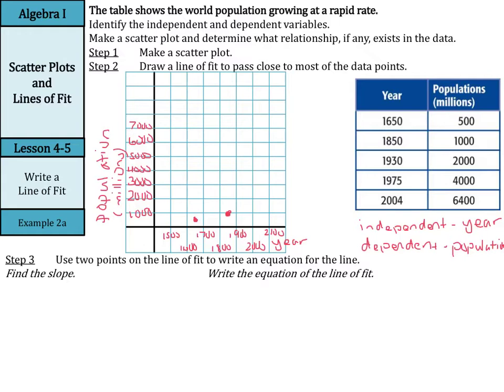So that's going to be right around here. 1975 was up to 4,000. In the year 2004, we had 6,400 million, which we can graph right around here.